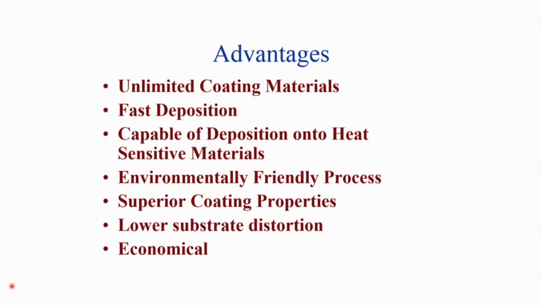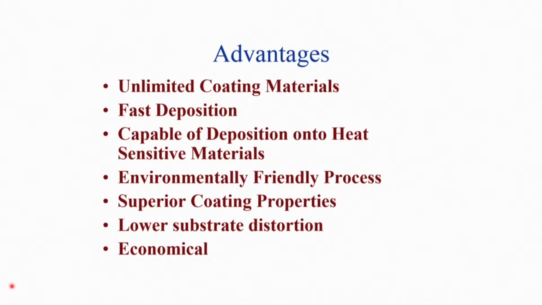As I mentioned, this is a versatile technique because it can be applied to a wide range of materials, from polymeric materials to high melting ceramic materials, and the deposition speed is very fast. There is a negligible heat affected zone, the process is very environment friendly, there are superior coating properties, lower substrate distortion, and it is much more economical compared to high end processing like laser or electron beam processing.